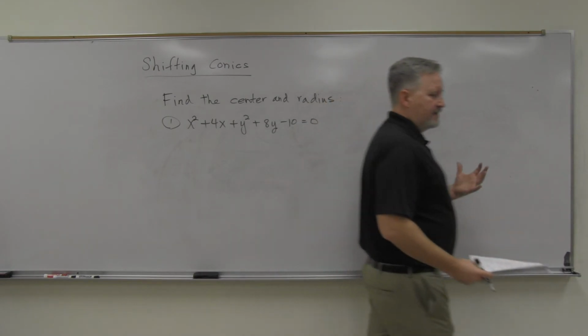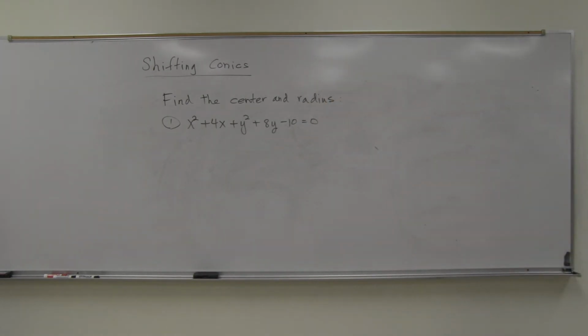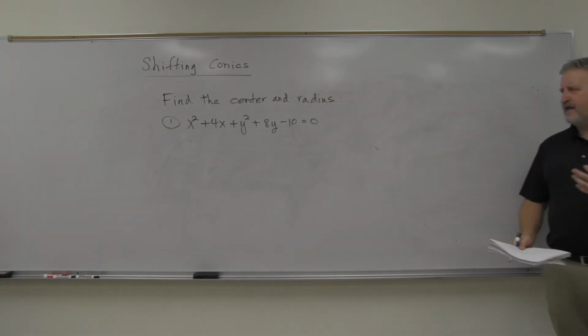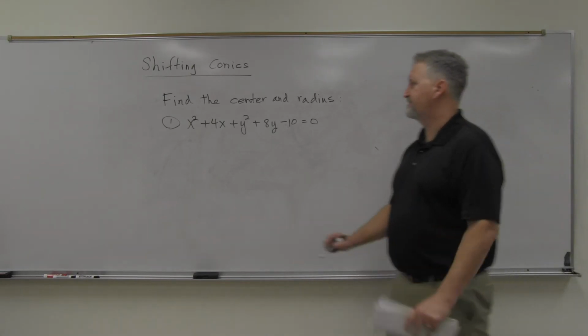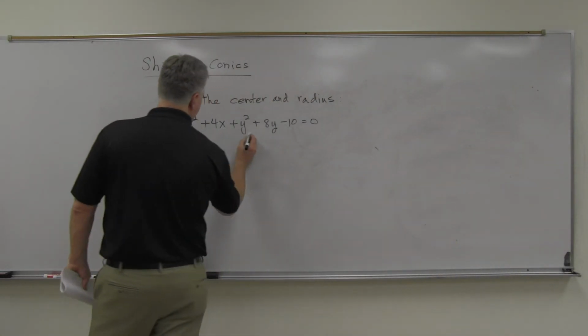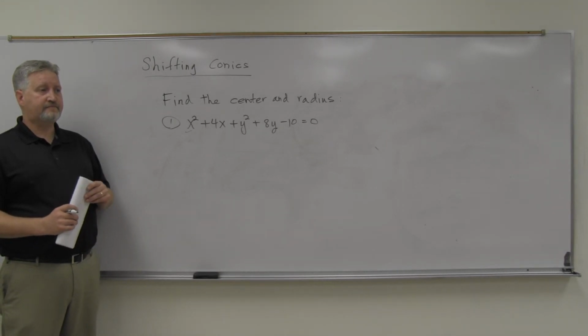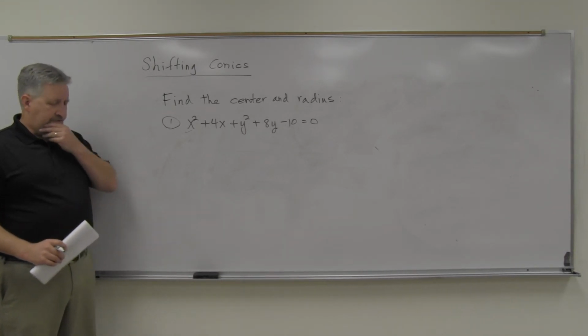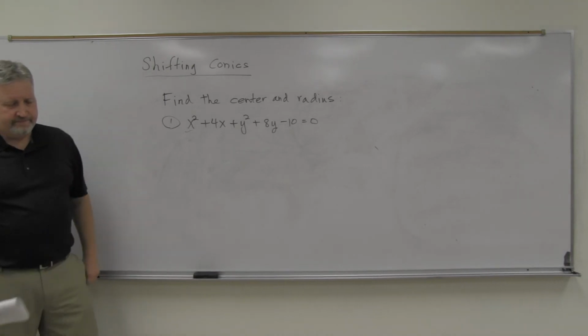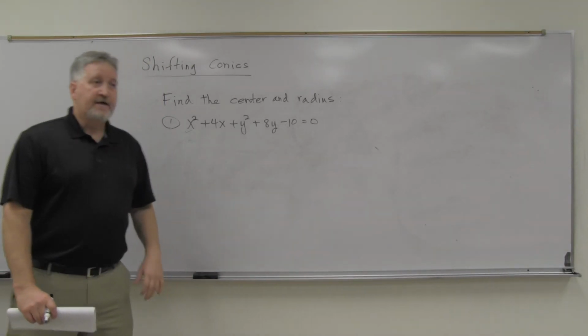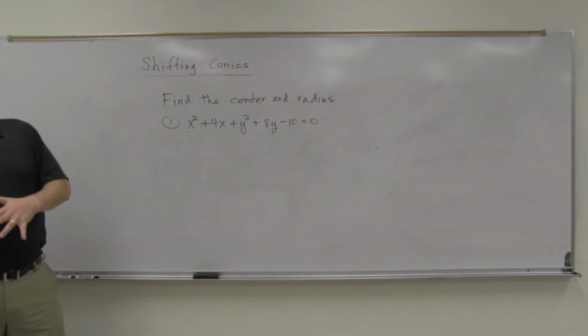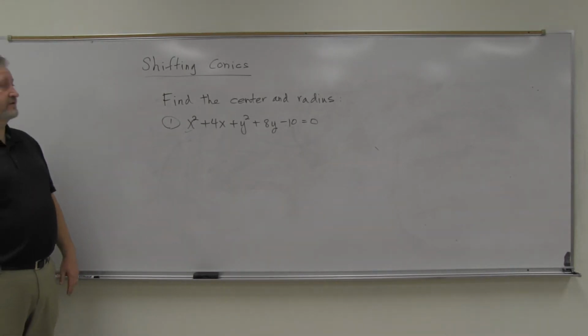All right, so yeah, this is also a circle. Basically I can tell that because I've got 1x squared, 1y squared. That kind of tells me it's a circle. So this is going to have a center and a radius, and we use that to graph it.